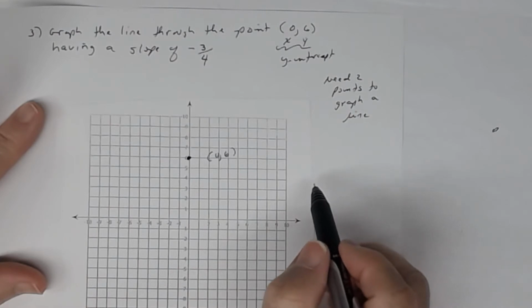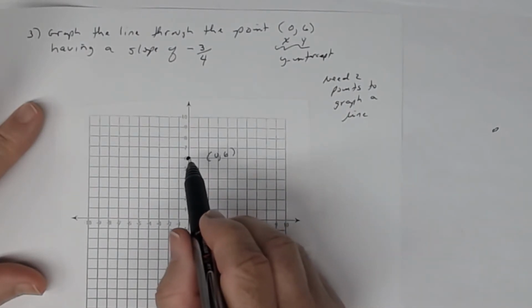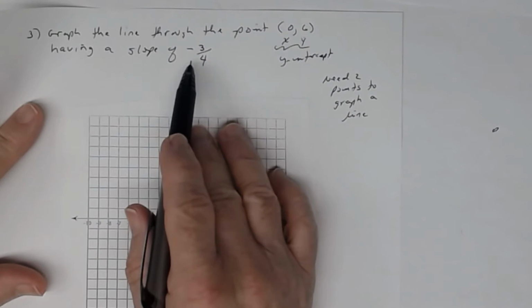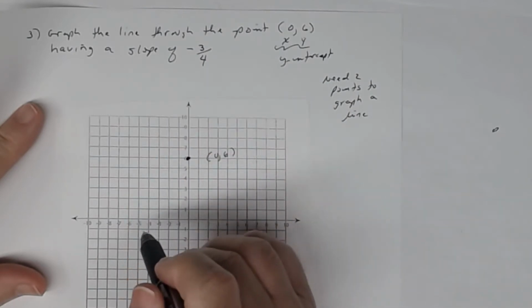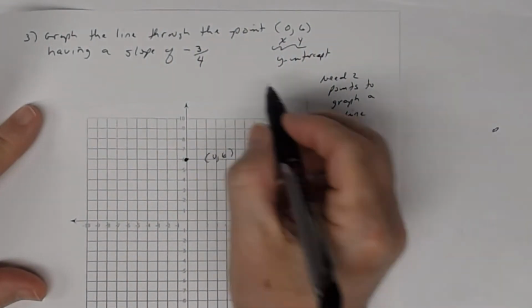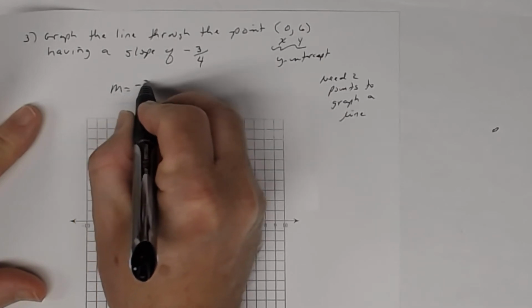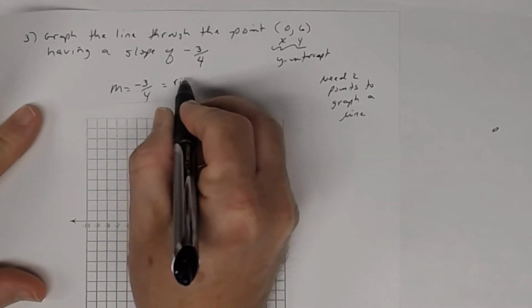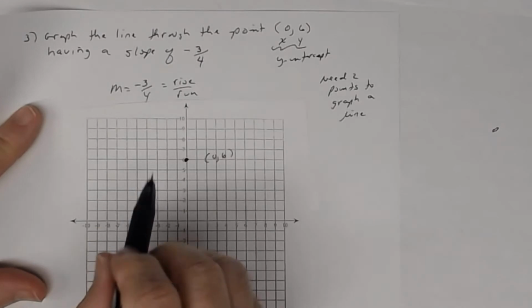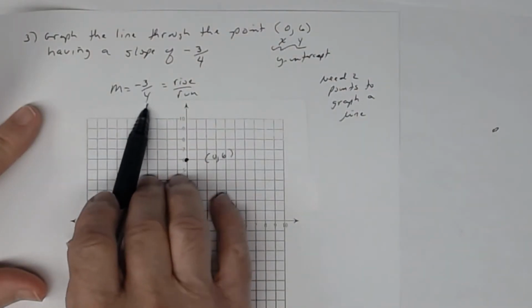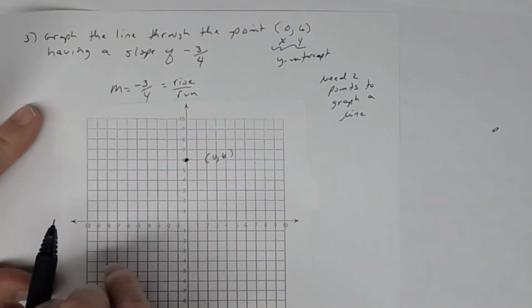Okay? All right, now from that point, I'm going to use the slope to find another point on that line. So the slope is -3/4. Remember, rise over run. So my rise is -3, my run is +4. Okay?